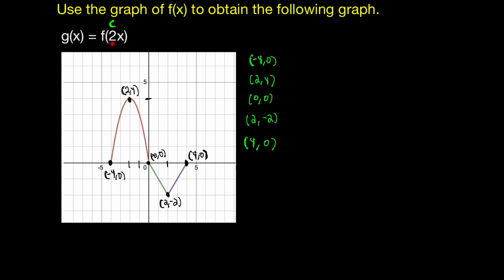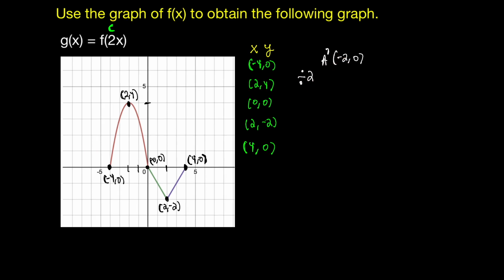Now to horizontally shift this, I'm going to look at the x values, and I'm not going to touch the y's. So each x value, I'm going to divide it by 2. And that's going to give me my coordinate A prime, -2, 0, since -4 divided by 2 gives me -2. Again, we're not touching the y's.